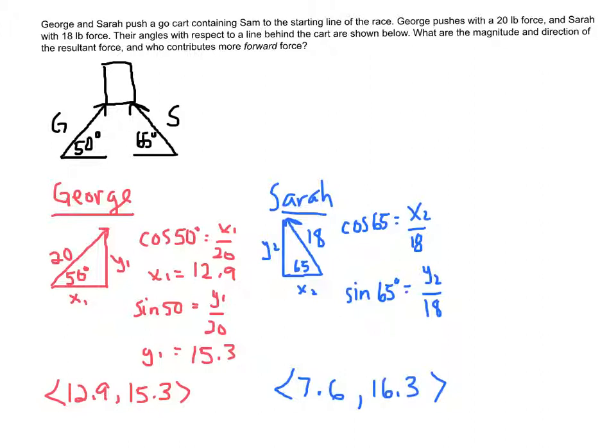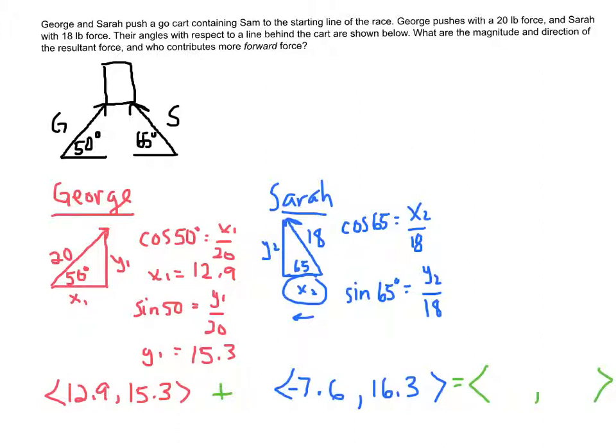What we're going to do is add these two vectors together, and that's going to give us the x and y components of the resultant vector. One thing I'm noticing right now is that my x for Sarah should actually be negative, because it's heading in the left direction, so that would be a negative value.